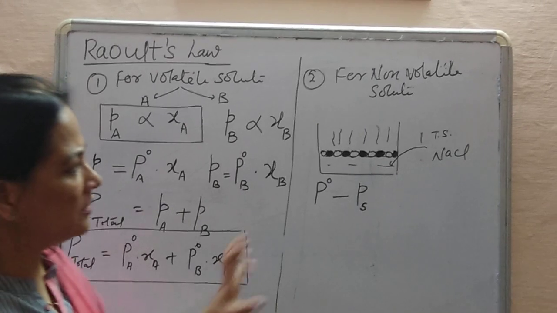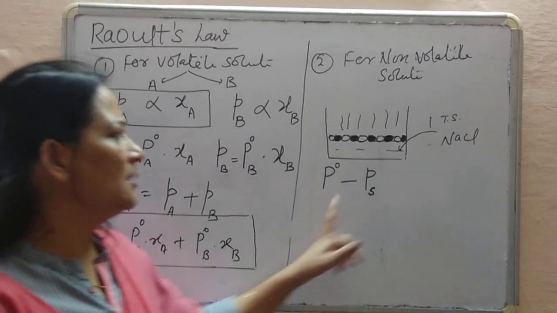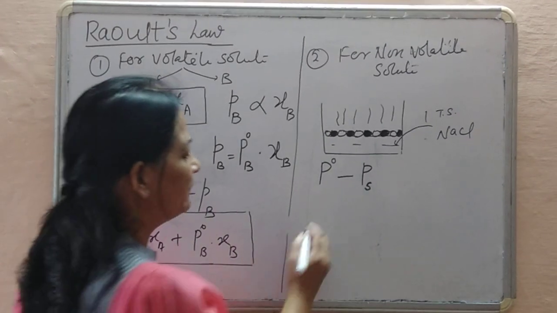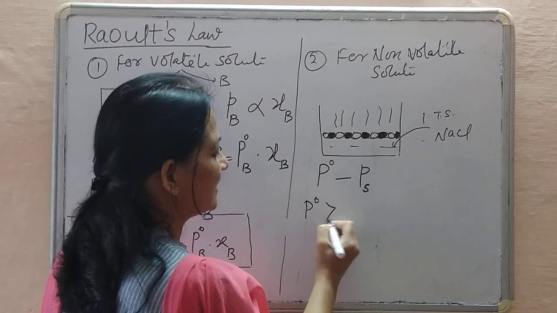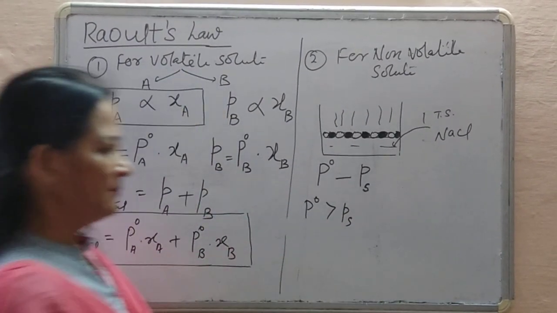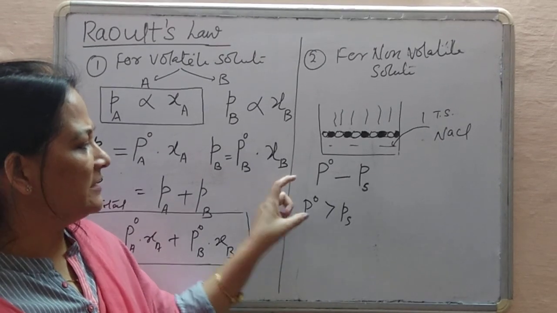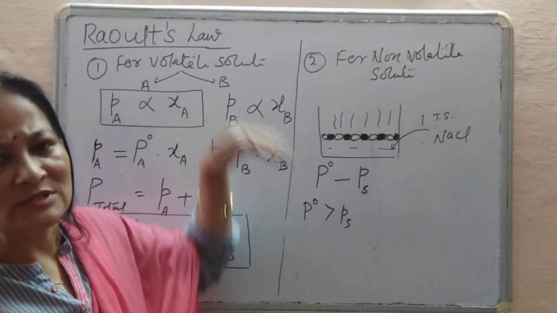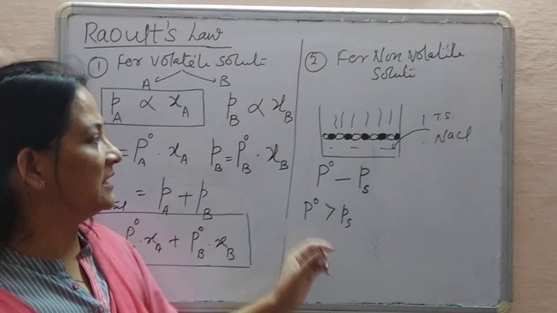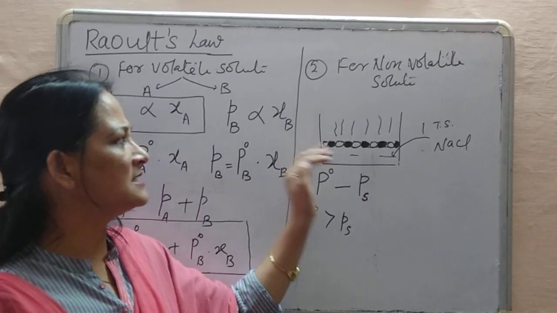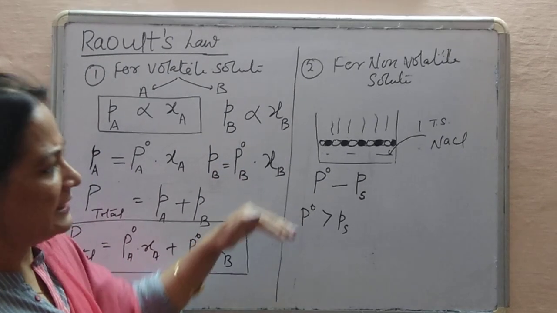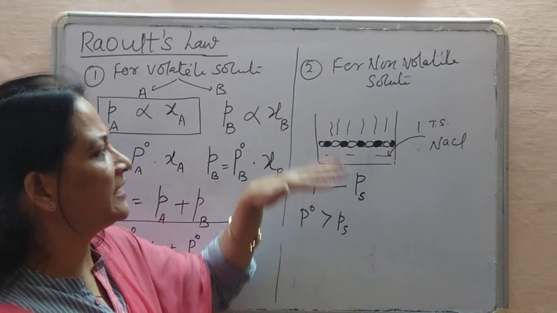So you all can now understand why not PS minus P0. Why? Because P0 will always be greater than PS. Why? Because, as I told you, when there is pure water, the surface area is larger and more molecules are converting into vapor phase. But when NaCl is added, some of the surface area gets covered, blocked, and fewer molecules are converting into vapors.